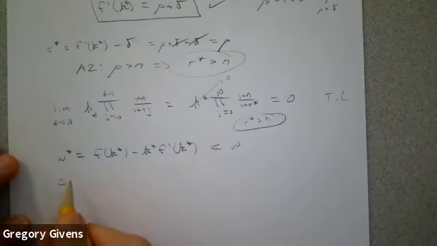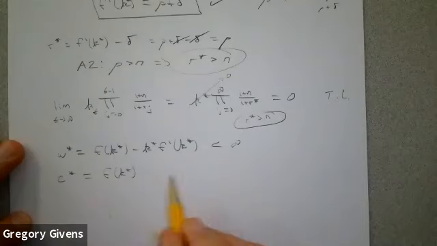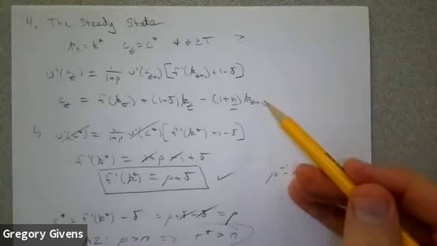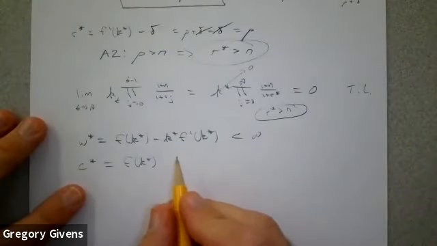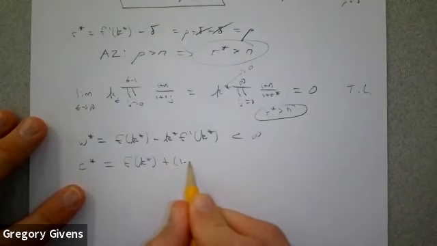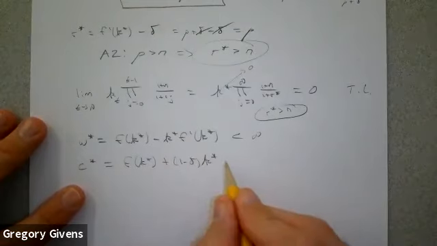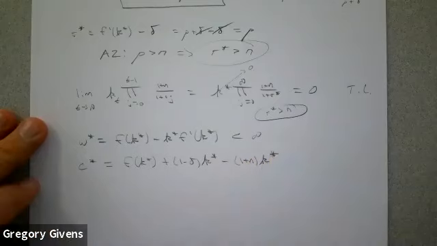And then we can find the steady state value of consumption by appealing to the period by period budget constraint. So c star is equal to f of k star plus (1 minus delta) k star minus (1 plus n) times k star.